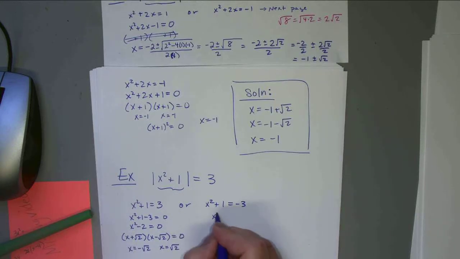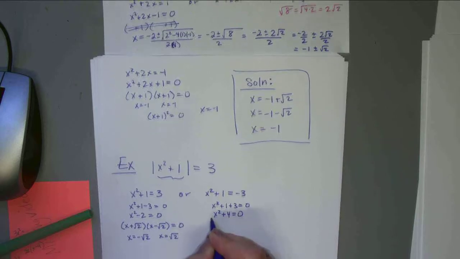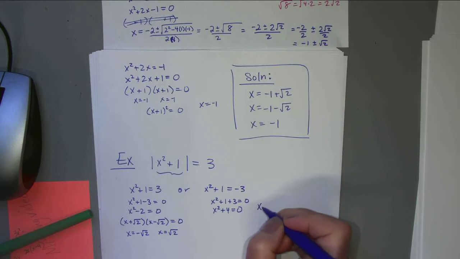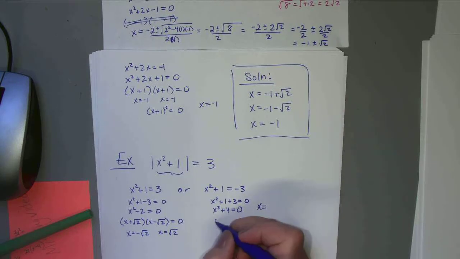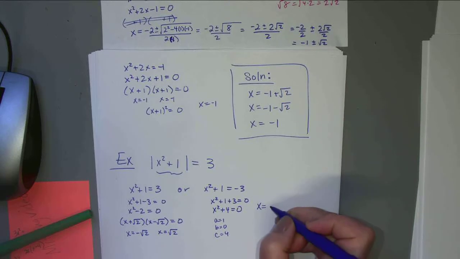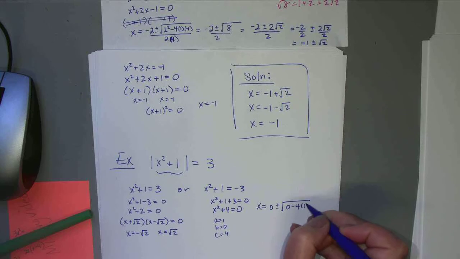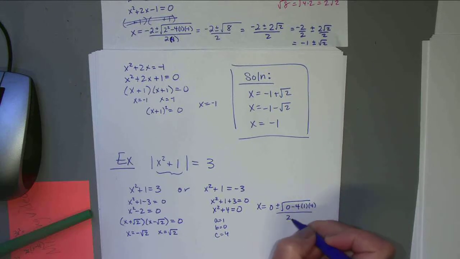Here, x squared plus 1 plus 3 equals 0. So if you notice, this is a sum of squares, which has no solution. If you tried to use the quadratic formula for it, you'd have a negative under the square root. A is 1, b is 0, c is 4. So 0 plus or minus the square root of b squared minus 4 times a times c, so 0 plus or minus the square root of negative 16, over 2.